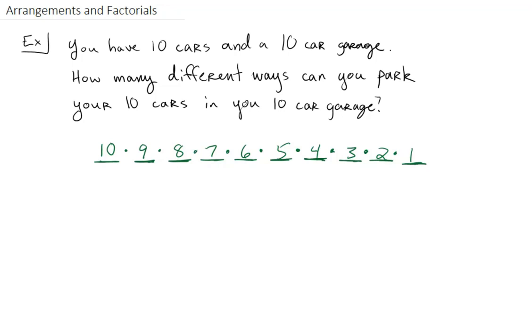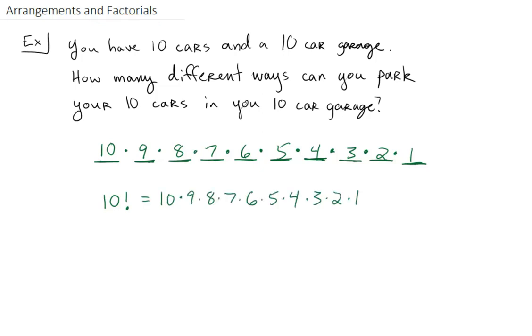So basically, instead of writing 10 times 9 times 8 and so on, we just write a 10 with an exclamation mark after it. And that's not the same as the grammatical exclamation mark. It's not excited. You don't have to scream it. That just means 10 times 9 times 8 times 7 times 6 times 5 times 4 times 3 times 2 times 1. And we don't say 10 exclamation mark. We say 10 factorial, because it is a factorial, that exclamation mark symbol is.